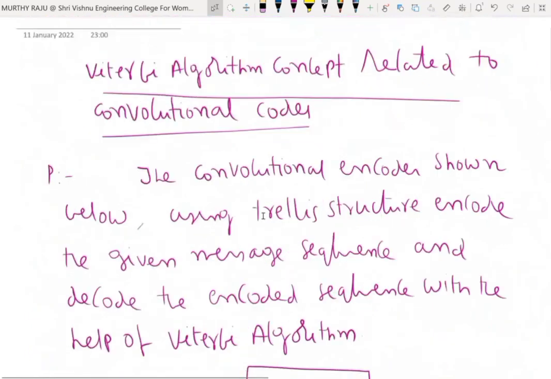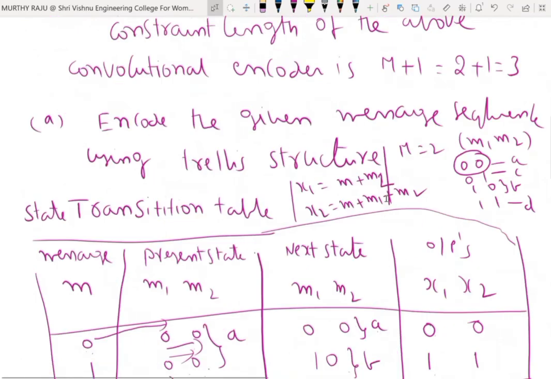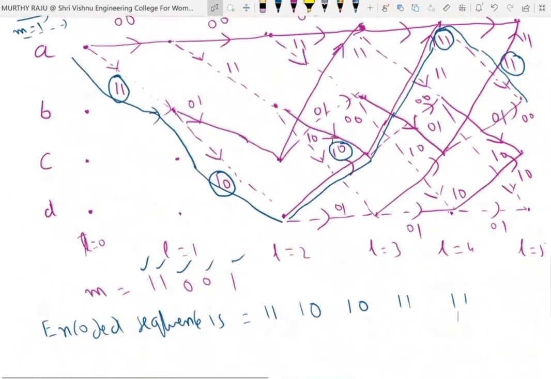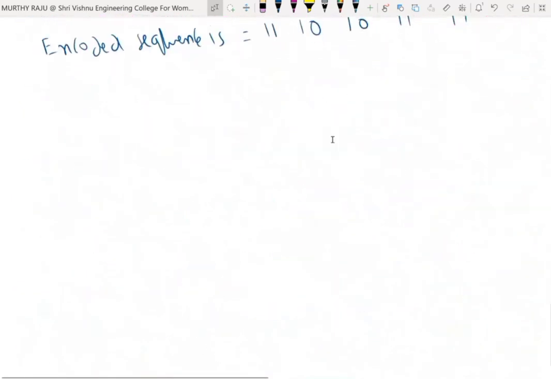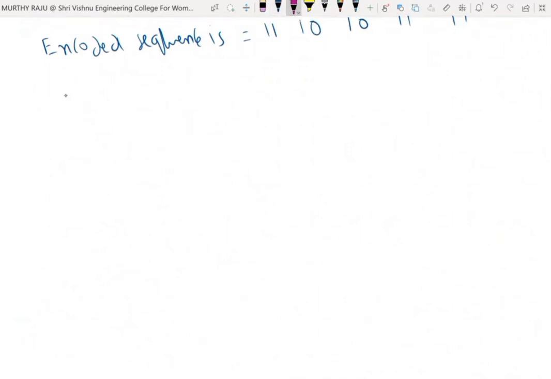First, part A is completed. Encode the given message and decode the sequence with the help of the Viterbi algorithm.